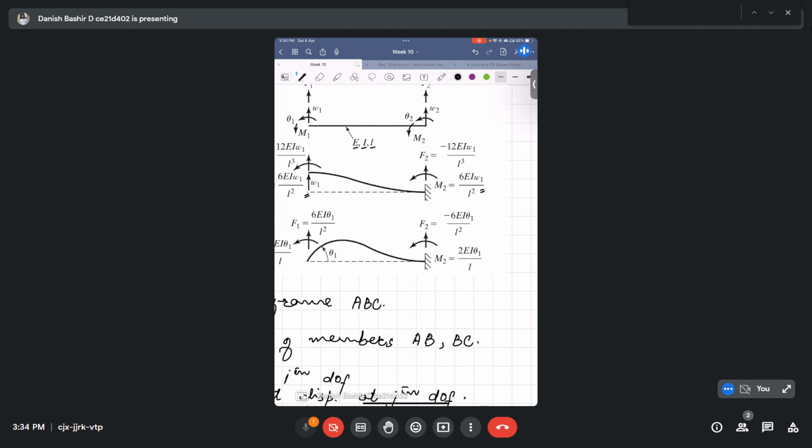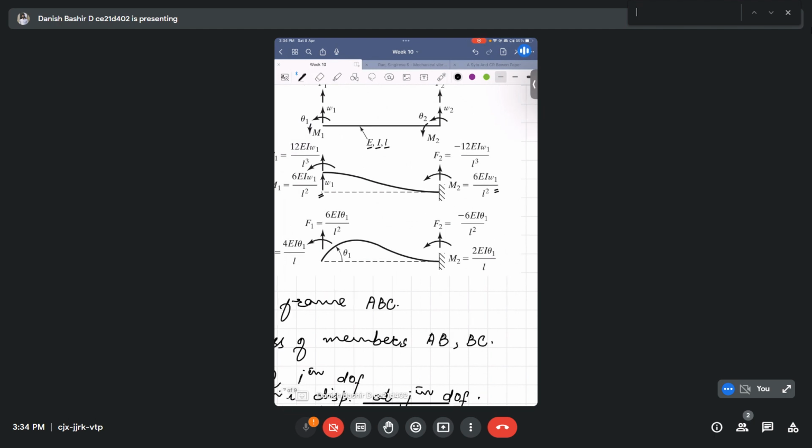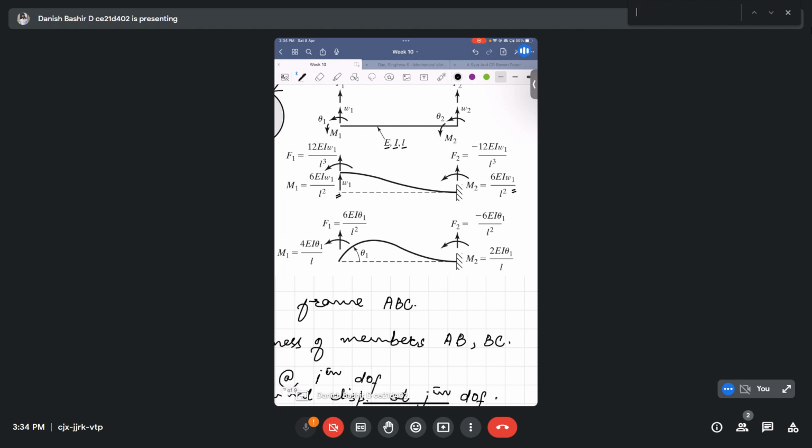In structural analysis, you would have read in the topics on sinking of supports and other things related to this. A similar moment, 6EI W1 by L square, will be developed when we give a displacement of W1 at this end. This is the near end and this the far end, and the same moment is developed, and the reaction that will get developed is 12 EI W1 by L cube and minus 12 EI W1 by L cube.